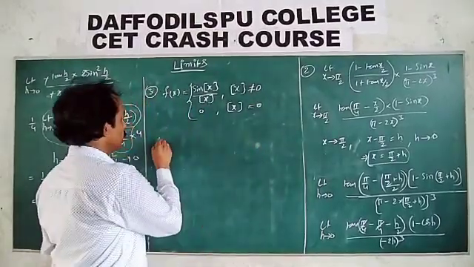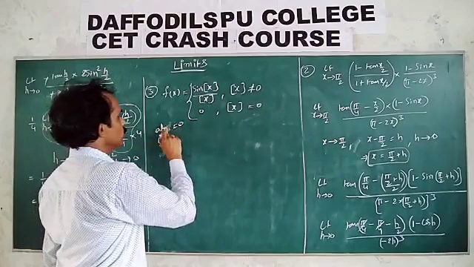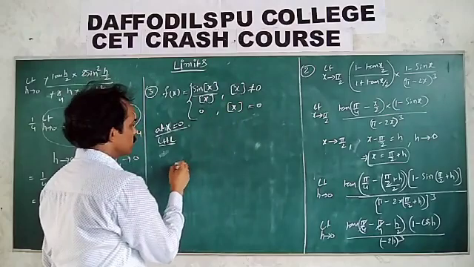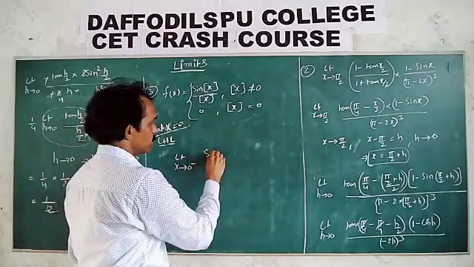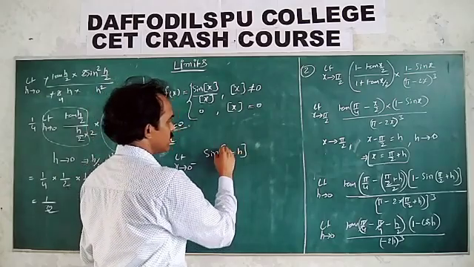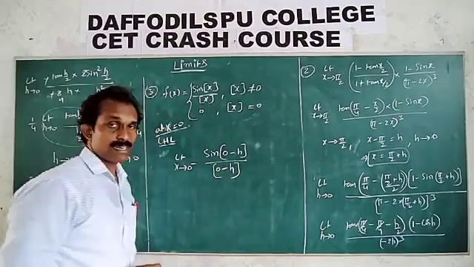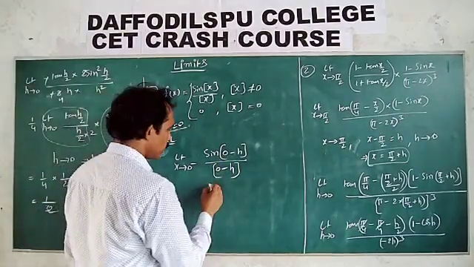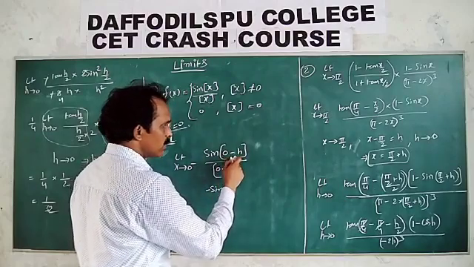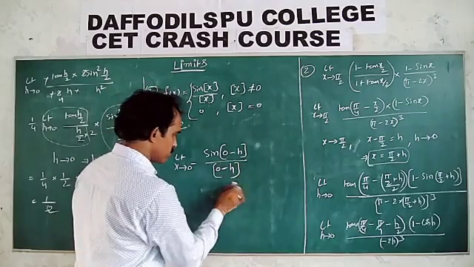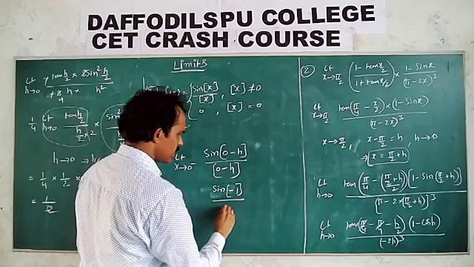Right? Okay, so from this, the left hand limit at x equal to 0 we'll take: limit x tends to 0 minus of sin[0 minus h] divided by [0 minus h]. Clear? Therefore, what is this value [0 minus h]?